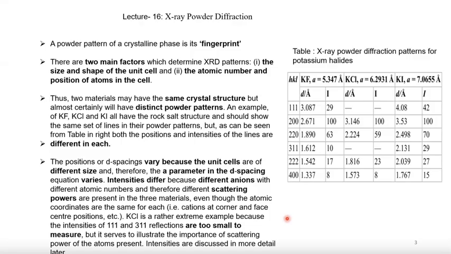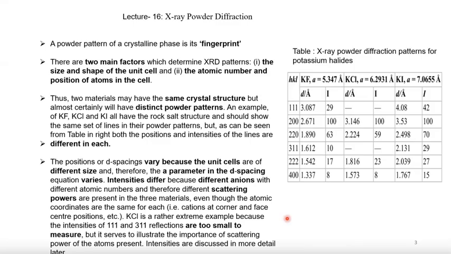Well, we say the X-ray powder pattern of a solid material is its fingerprint, like our fingerprints, with which we characterize a person. So the X-ray powder pattern is the fingerprint of a solid material. There are two main factors that determine X-ray powder patterns.